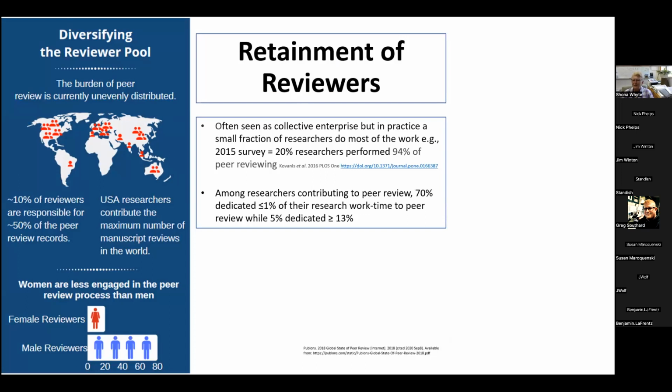And so we see it as a collective enterprise, but it's not. You're seeing that, as in most things from volunteer organizations, a very small percentage of the individuals do the majority of the work. And they also indicated that 70% dedicate less than 1% of their research time to peer review, while 5% dedicate more than 13%.